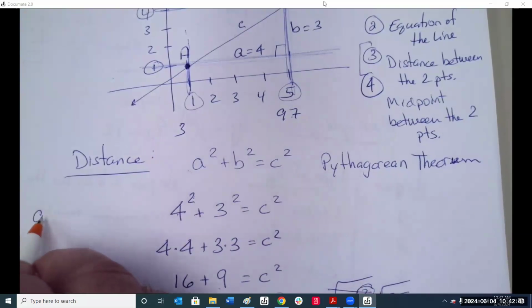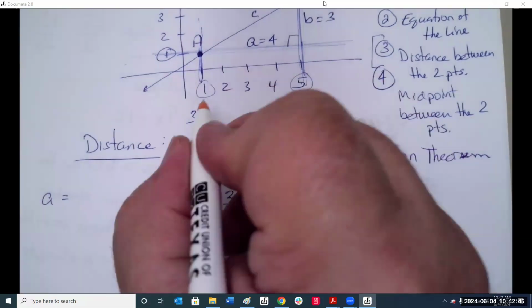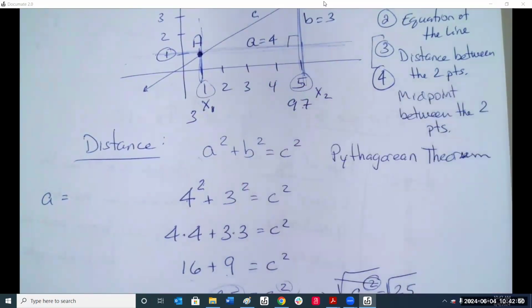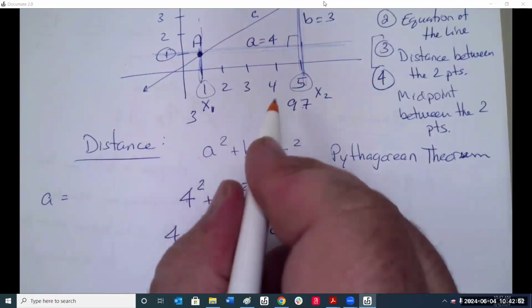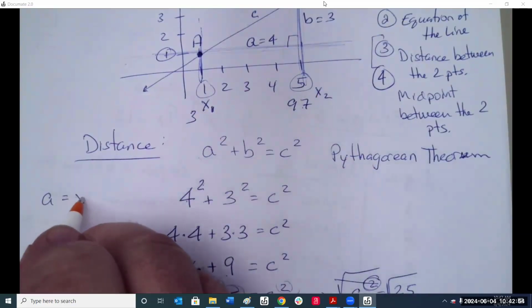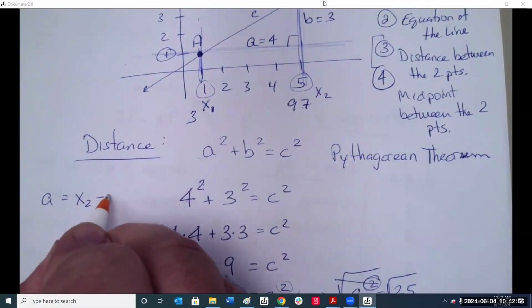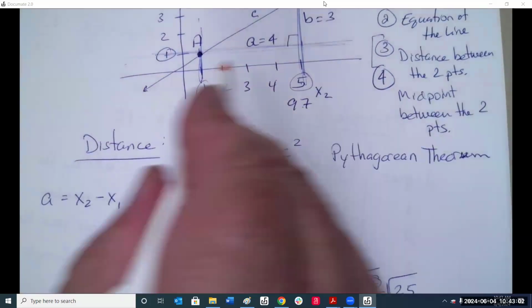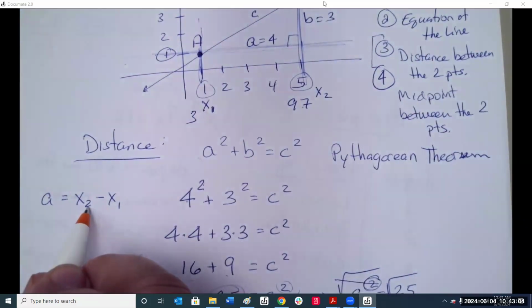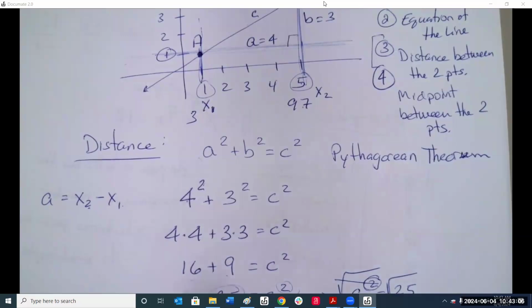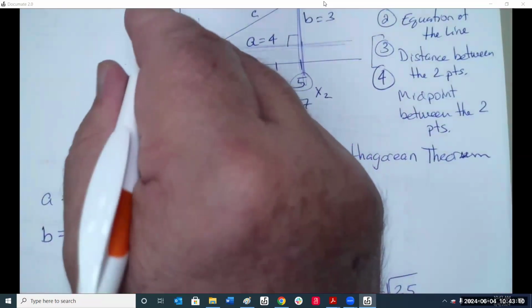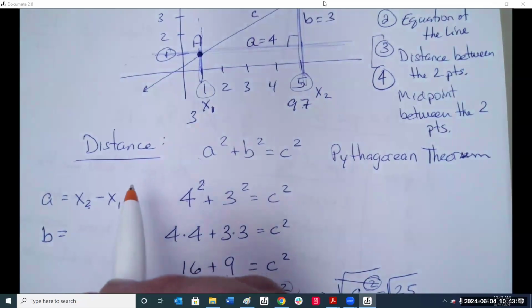So A is equal to, this is my first X, and this is my second X. So the distance between A and A is the second X value minus the first X value. X is the horizontal axis. Same thing with the B. 4 minus 1 is 3.